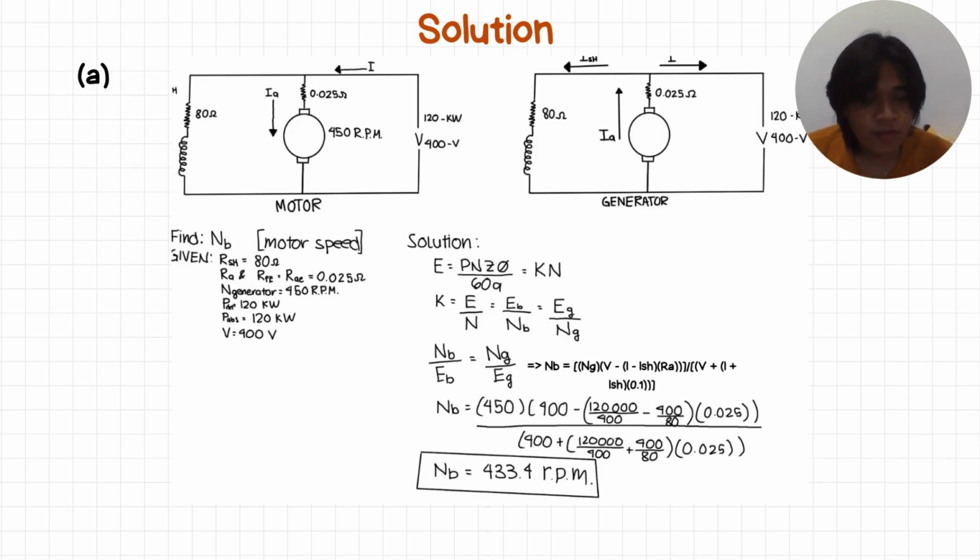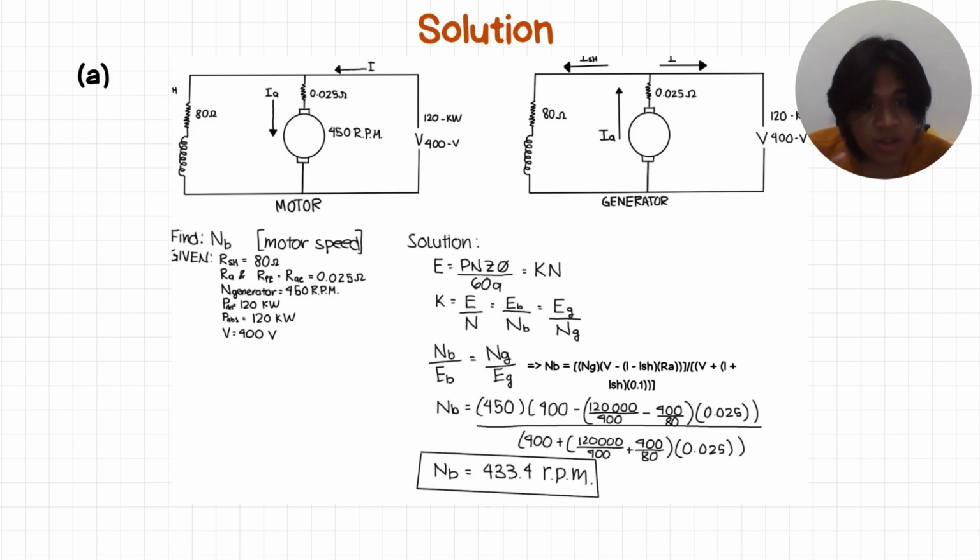So instead of doing it one by one, we can actually solve it using direct substitution. Isolating NB, it will now equate to the speed of the generator multiplied by the EB, which is actually equal to V minus (I minus ISH) times RA.